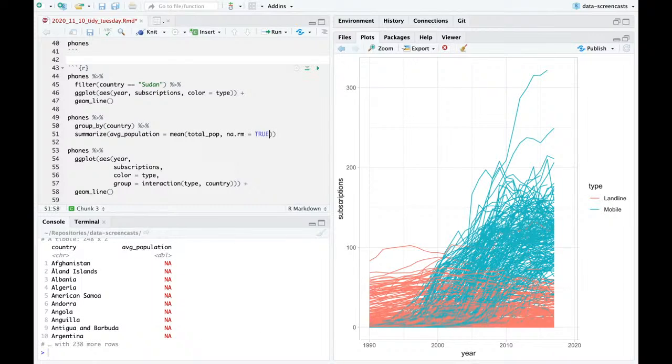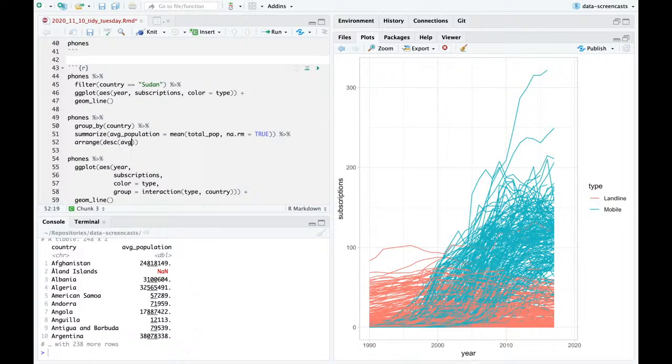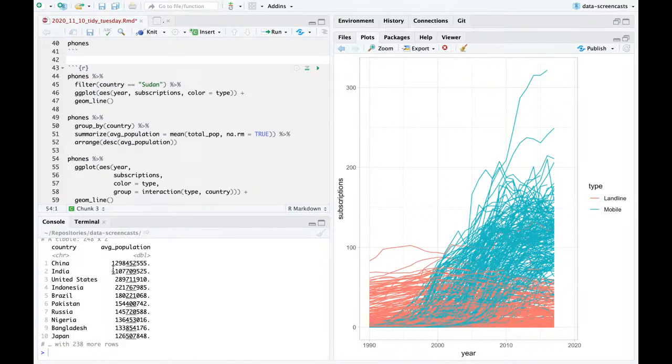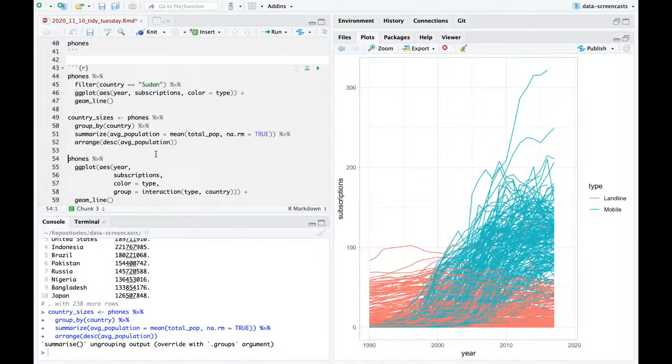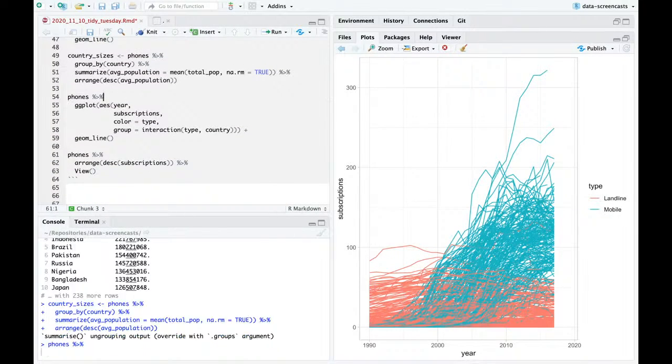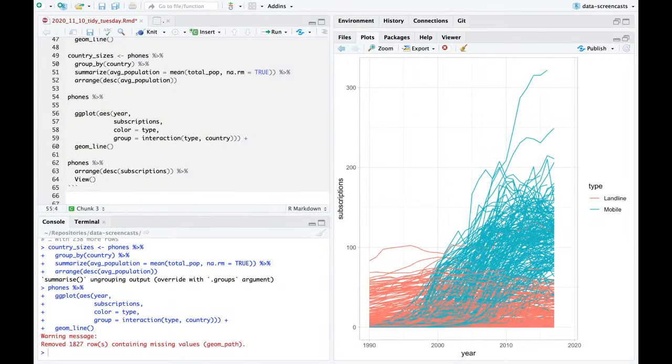Arrange descending by average population. The general sense is, okay, these are some of the biggest countries in the world, and I'll call it country sizes. Then I can create this graph, but do a semi-join on country sizes, top n 10 by average population.